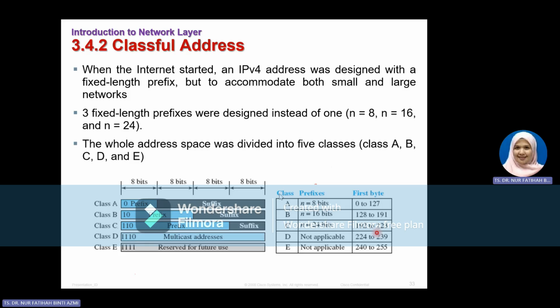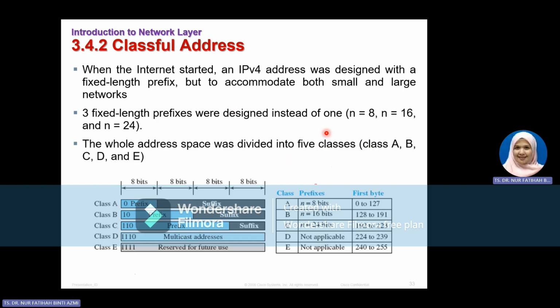Class B is a medium-size network that starts with 10. Class C is a small network that starts with 110, and classes D and E are normally used for multicast and experimental purposes.